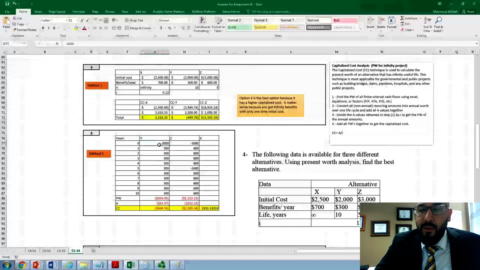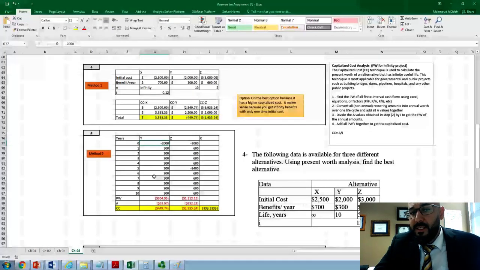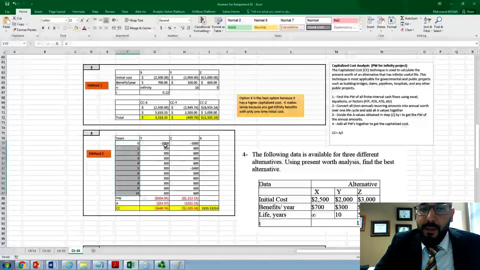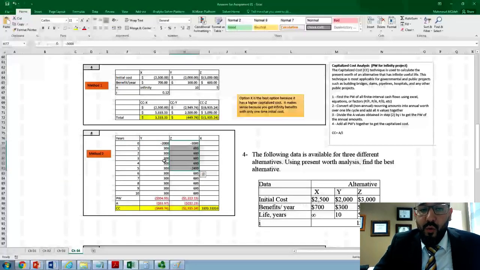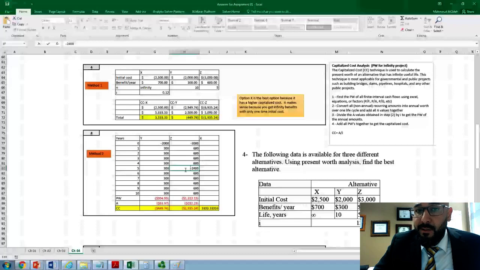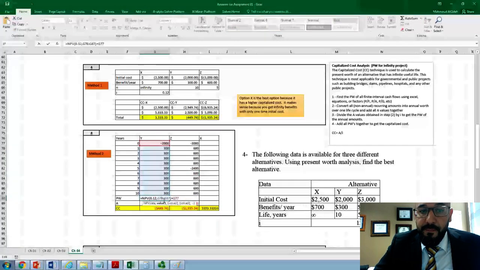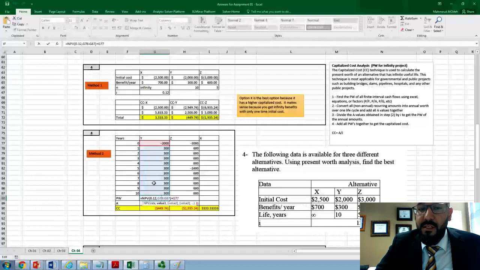You list what transactions are happening year by year for 10 years for X, for Y and Z. So now 0 to 10, and then the same thing for Z. And once you've listed all the transactions, please notice that we will buy another Z on year 5. And then once you build your cash flow, use the NPV function to find the present worth of these transactions.